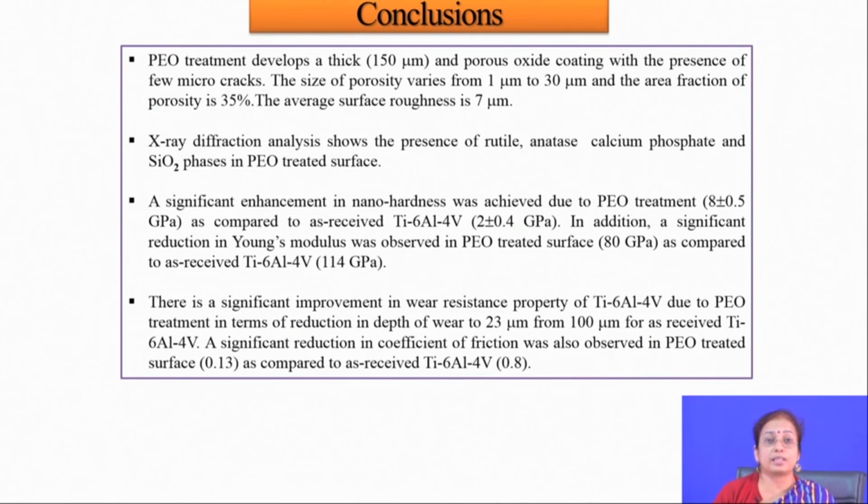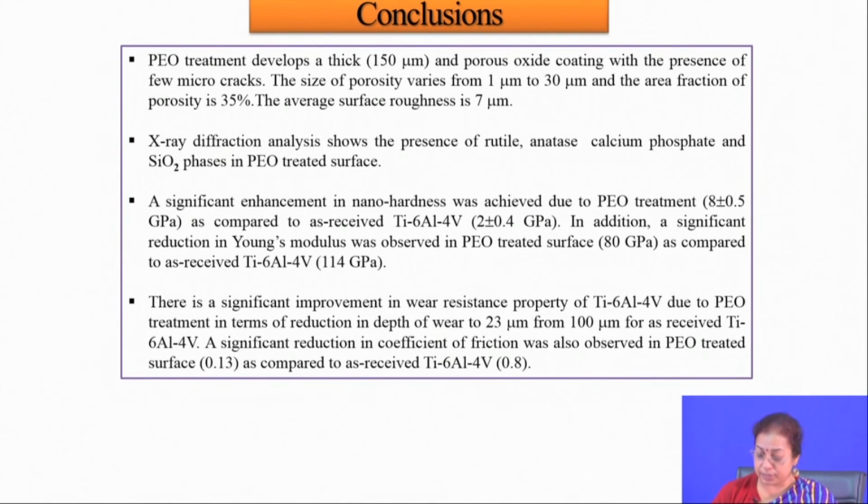Anodization can only be applied for pure metal, but this can very well be applied on alloy systems. And you will find that due to PEO operation there is a decrease in the Young's modulus value, which is beneficial for application as bio implant, particularly when it is a titanium based substrate.